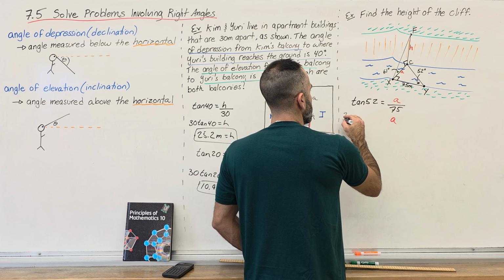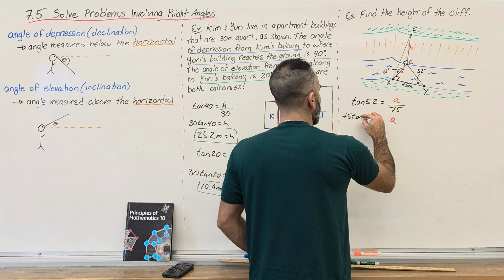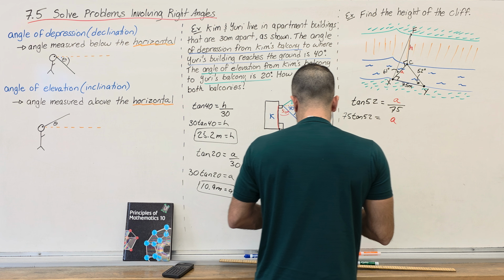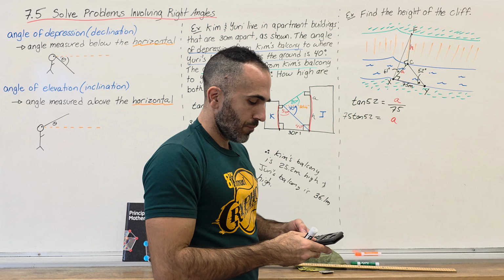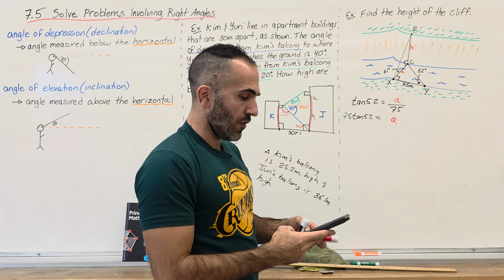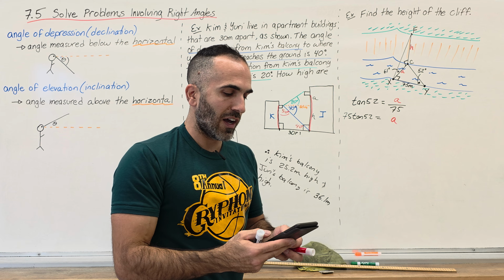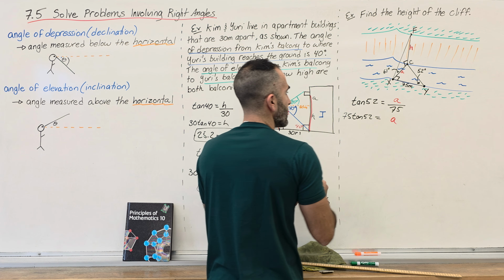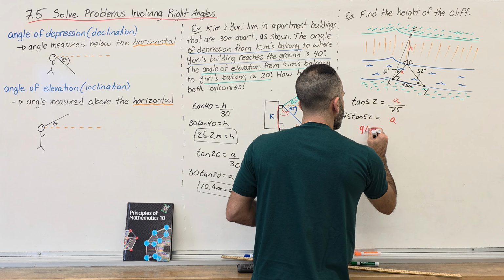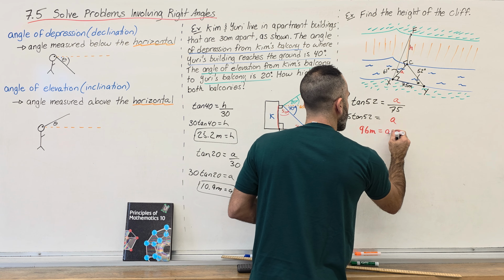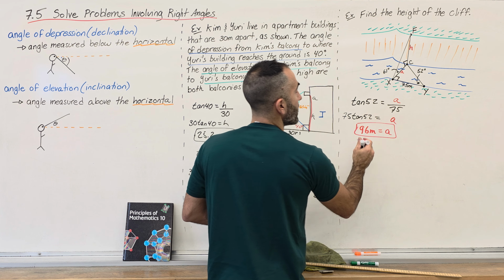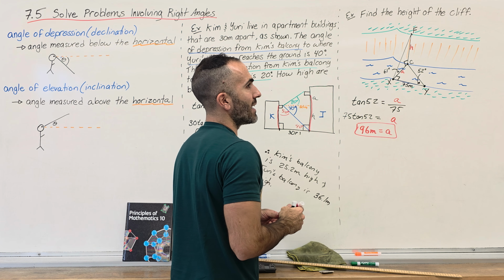Calculator time, 75 tan 52 is A. 75 tan 52 equals 95.99. I'm going to call it 96. 96 meters equals A. Okay, and that's a pretty big deal. I now found out that A is 96.